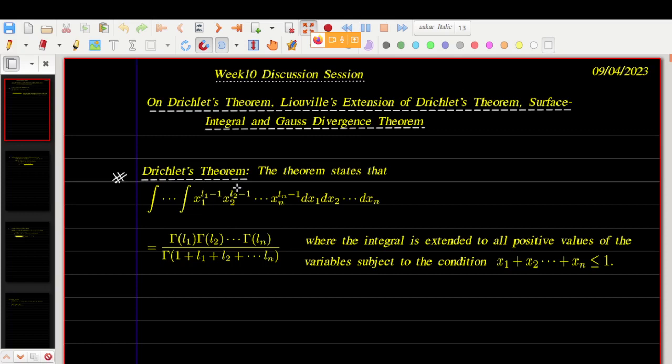The statement of the theorem, you have seen volume integrals, so there should be no issue.